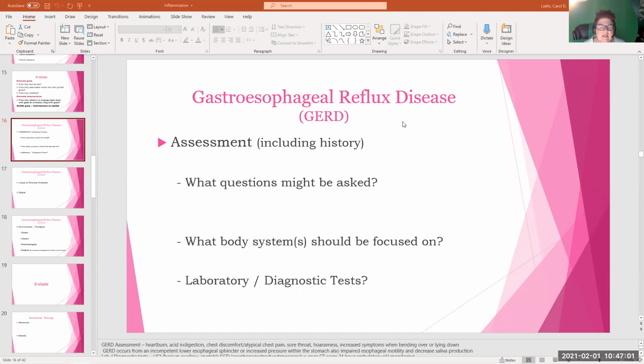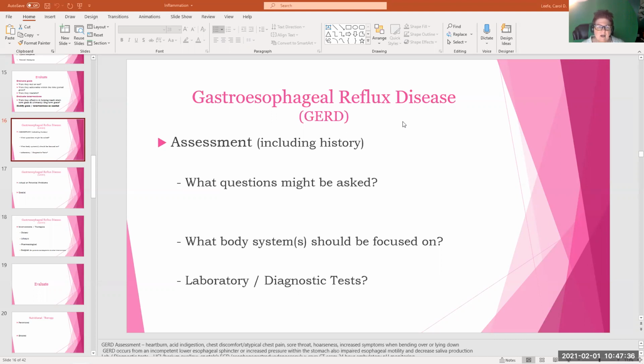Once they see a GI doctor, he's probably going to have them make an appointment for an EGD. Okay, an EGD is an esophagogastroduodenoscopy, which is basically a scope that goes down through the mouth, down the esophagus, into the stomach, so that they can see the lining of the stomach, the lining of the esophagus, and into the duodenum.